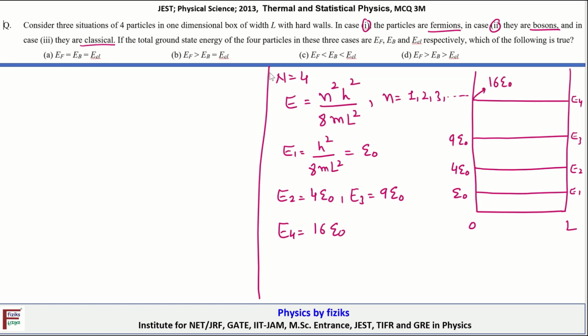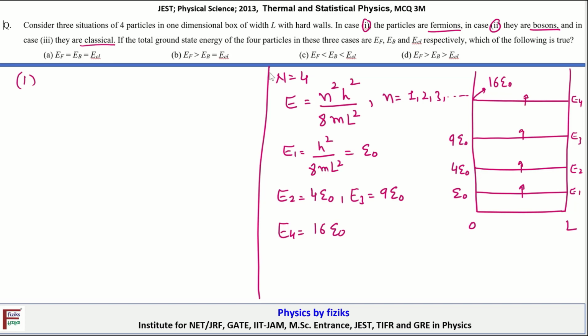So similarly we can get an idea about the higher energy levels. Now the question is, let's try to understand case 1. It's a system of 4 fermions. Assuming these levels to be single particle states, we can put these fermions like this.